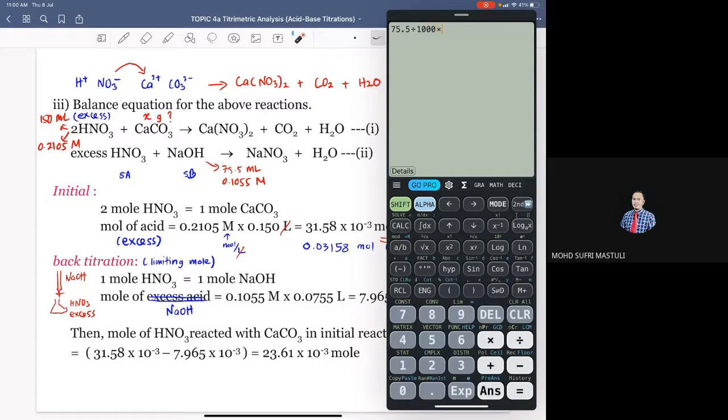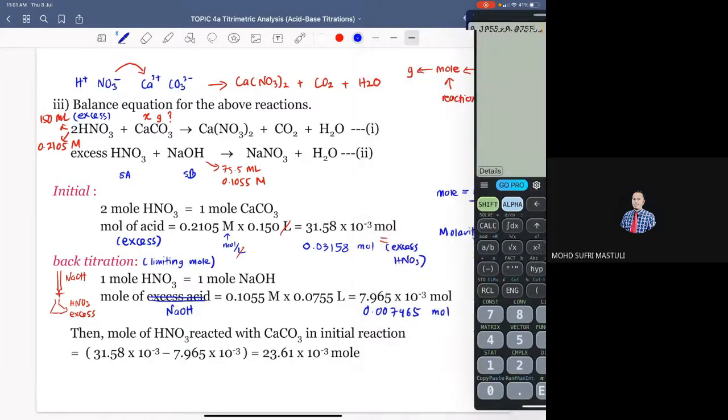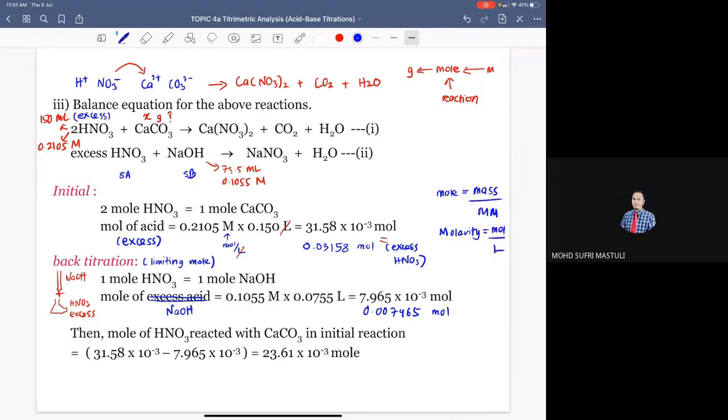Then you multiply 0.1055 times 0.0755. So you obtain 0.007965 mole of NaOH.